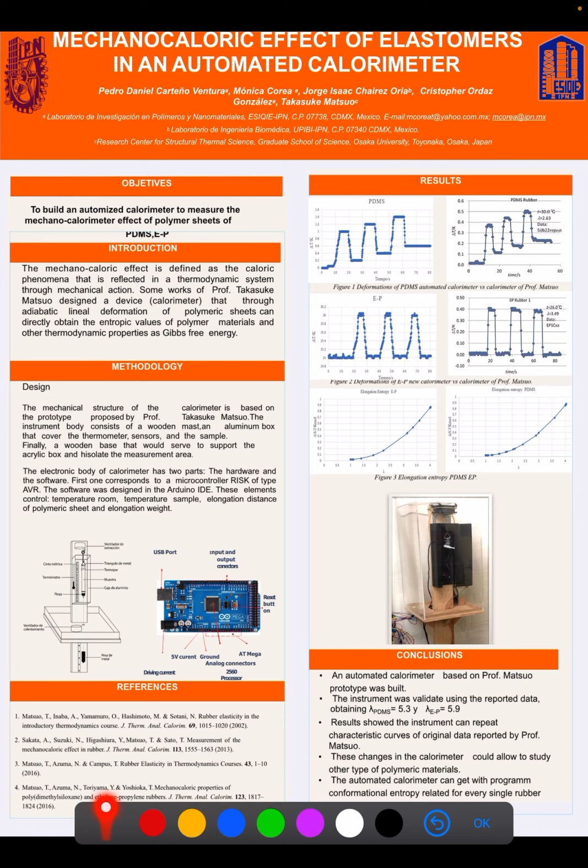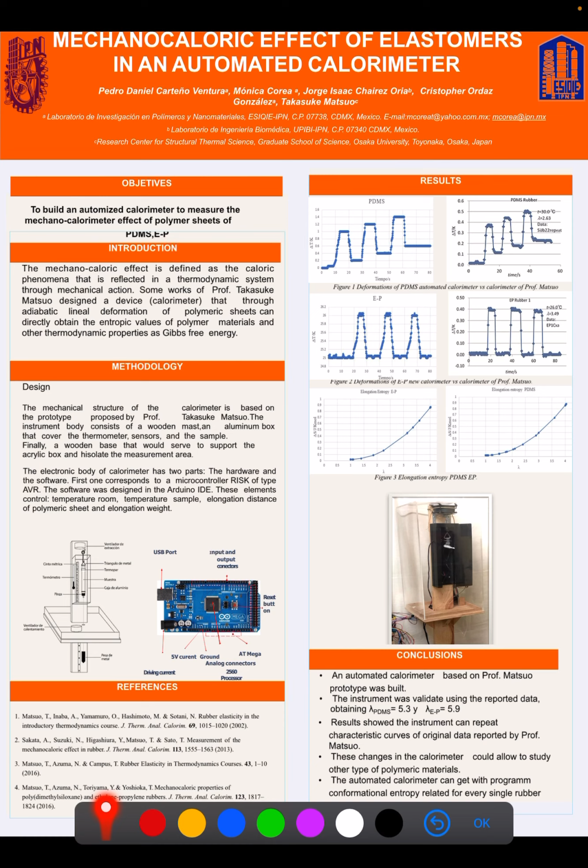The objective of this work is based on Professor Takaske Matsuo from Osaka University, and to build and automate a calorimeter to measure the mechanocaloric effect of polymer sheets of polydimethylsiloxane and ethylene propylene rubber.